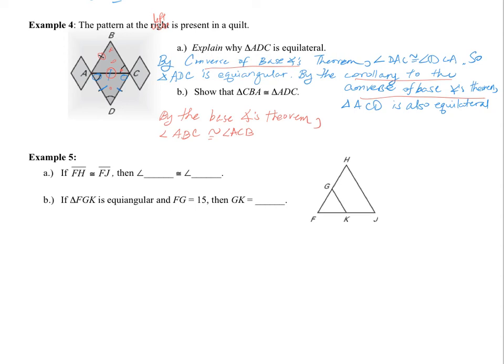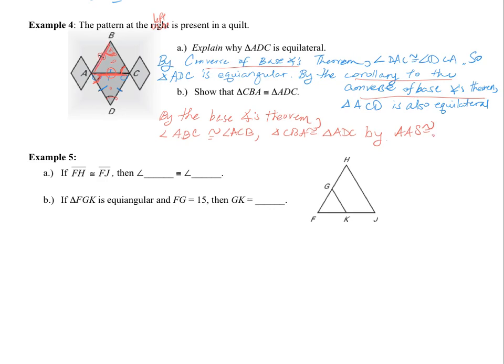And then therefore, triangle CBA is congruent to triangle ADC by angle side congruence. So we have these two angles congruent, so angle, side, angle, side. So that's one way to prove it.